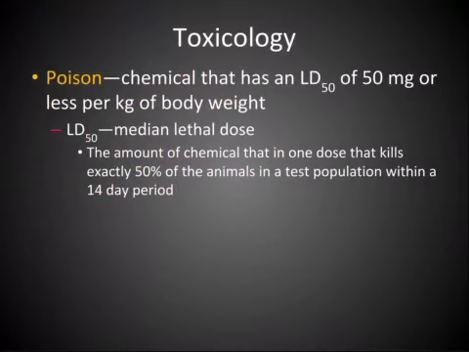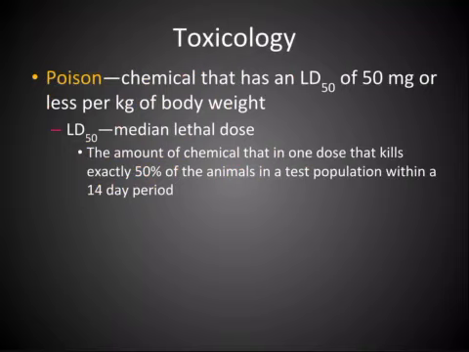All right, so a poison is something that is classified as having an LD50 of 50 milligrams or less per kilogram of body weight. Now that sentence probably means absolutely nothing to you right now. But as we go through and talk about LD50, the lower the dosage, the more poisonous or toxic it is. So LD50 stands for lethal dose of 50%.